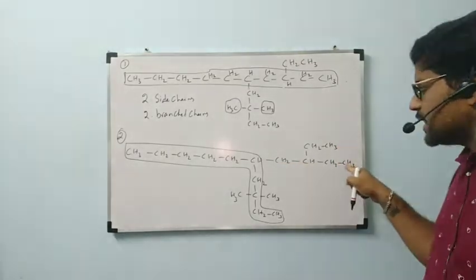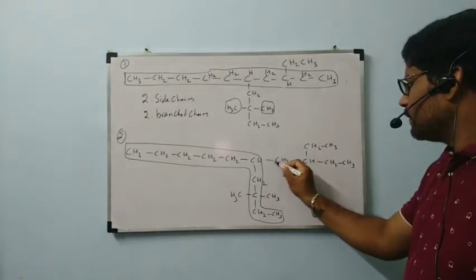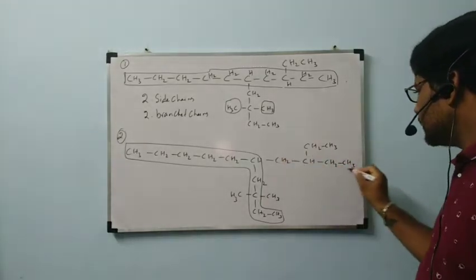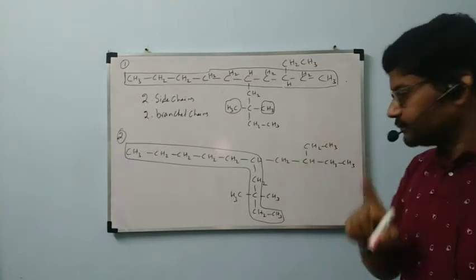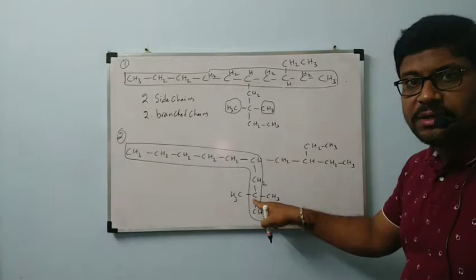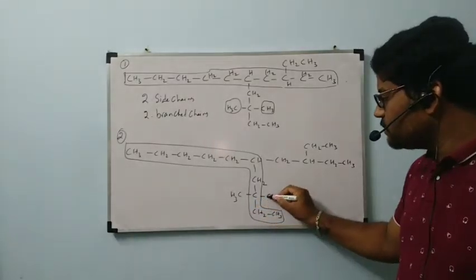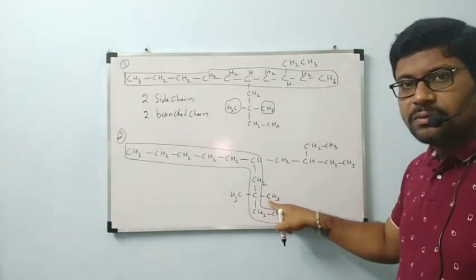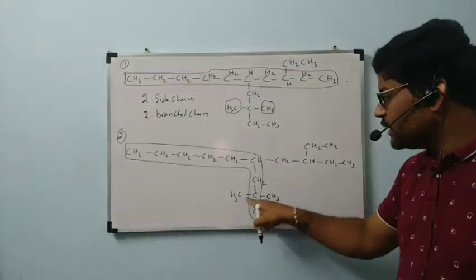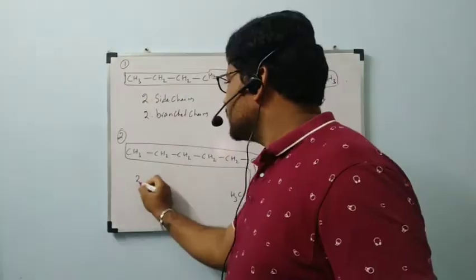This is a side chain. This is side chain 1. Here this carbon is directly bonded to the parent chain only. 2. This carbon is directly bonded to the parent chain. This is 2. This is also directly bonded to the parent chain. 3. Here we have 3 side chains.